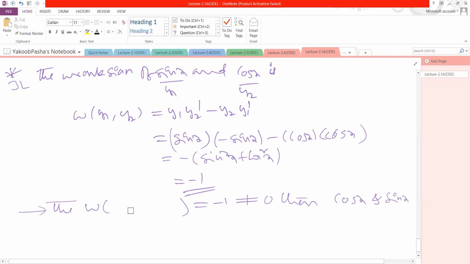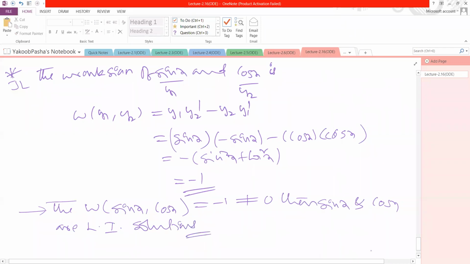This is sin x cos x not equal to 0. Then sin x and cos x are linearly independent solutions.